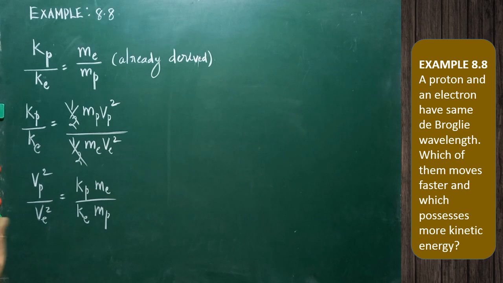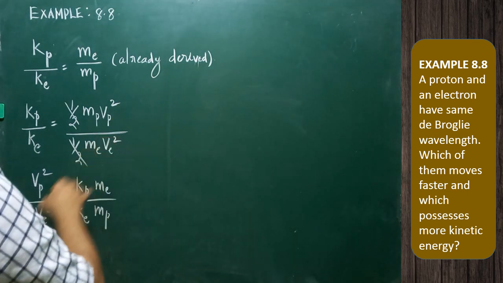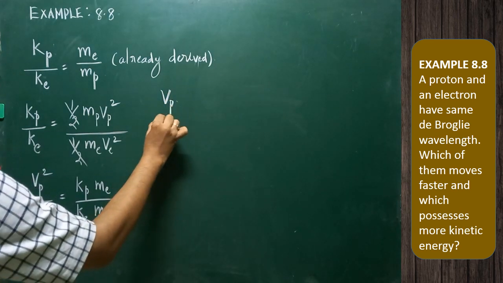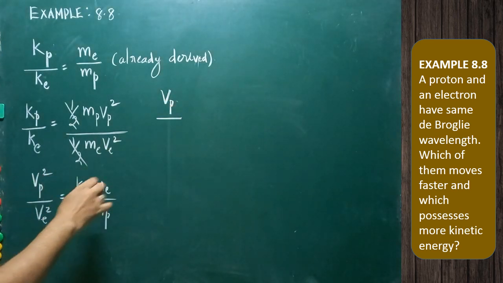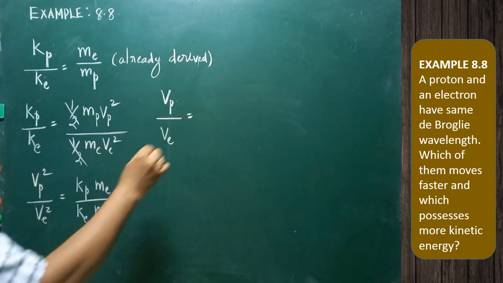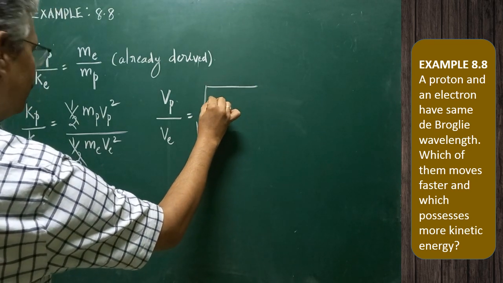Then the same factor is to be squared on both sides. After taking the square root, what will happen?